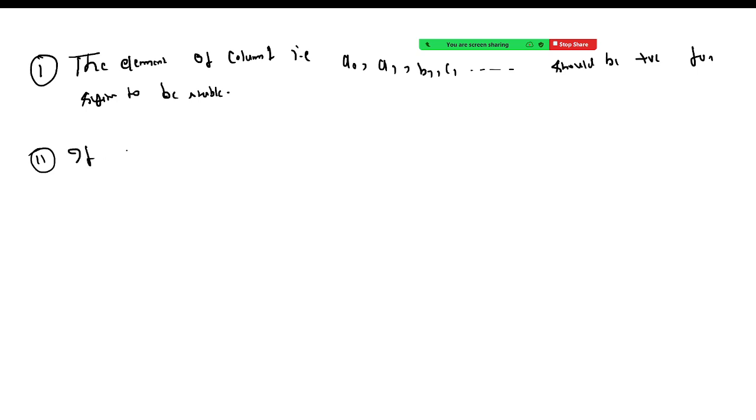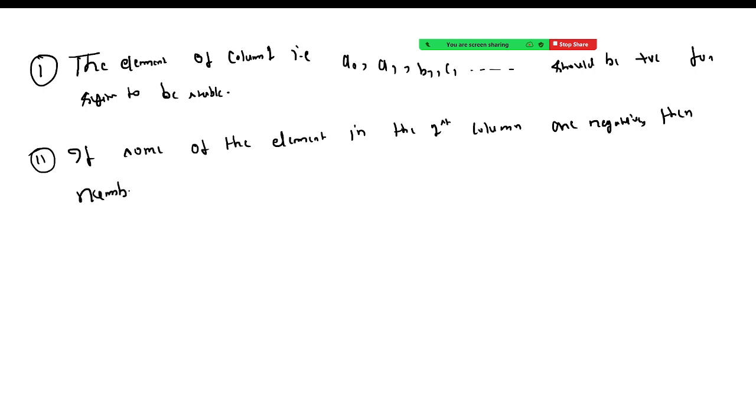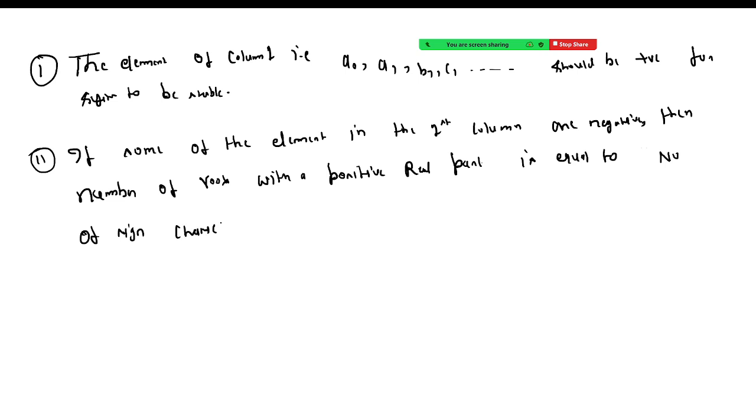Second one is if some of the elements in the first column are negative, then the number of roots with a positive real part is equal to the number of sign changes in the first column, and the system will be unstable.